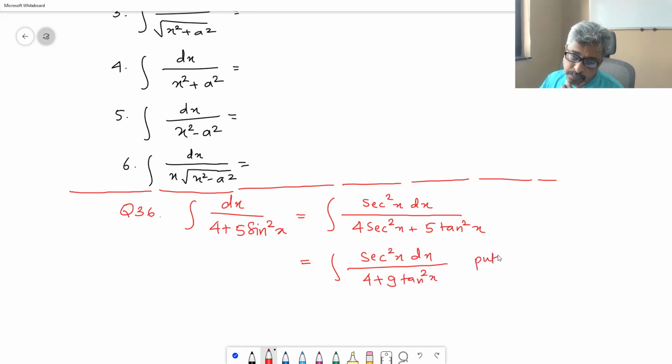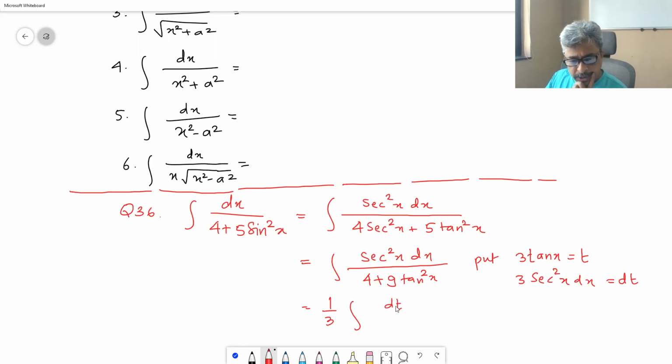Put 3 tan x is equal to t, right? Therefore 3 sec square x dx is equal to dt. Therefore sec square x dx is equal to 1 upon 3 integral dt upon 4 plus t square.